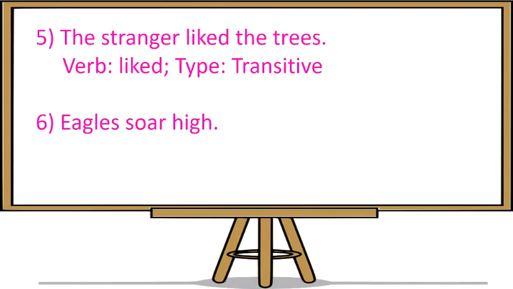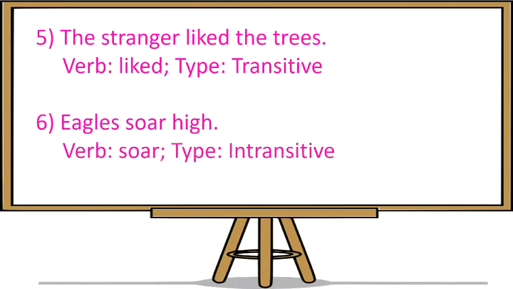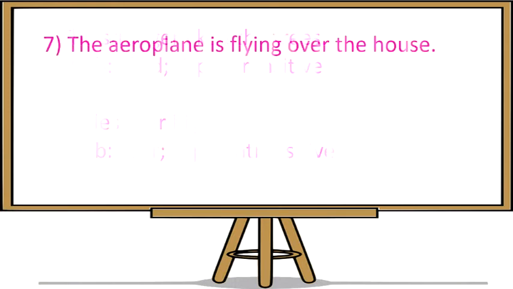Eagles soar whom? Again we don't get any answer because there is no object in this sentence. So the verb is soar and the type is intransitive. Okay? Very good.